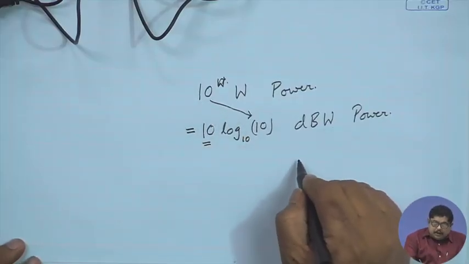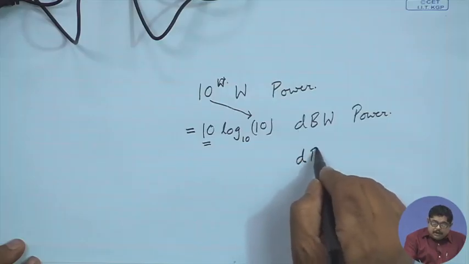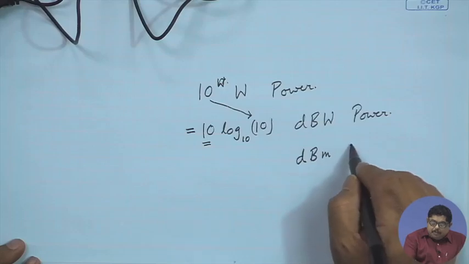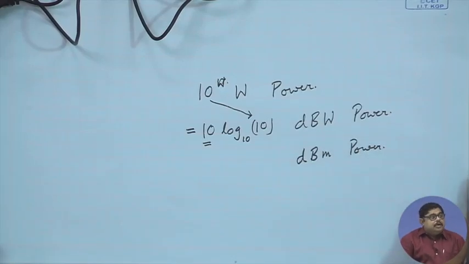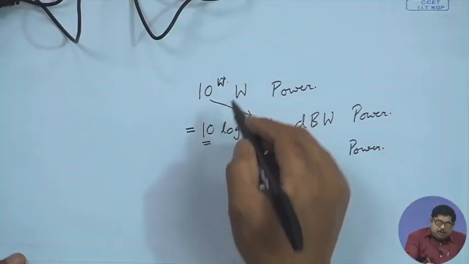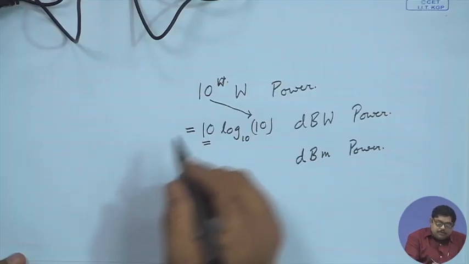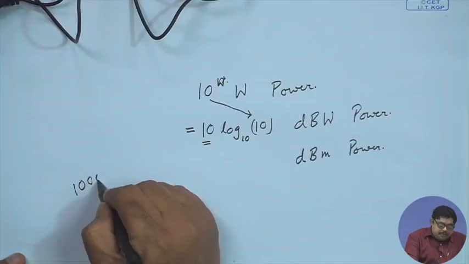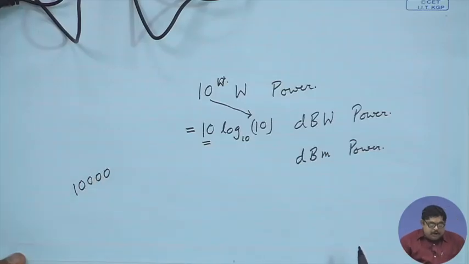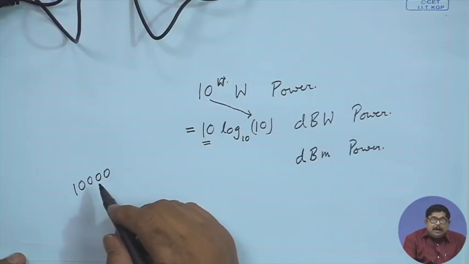Also there is another unit of power which we will be using, that is called dBm. Generally in RF, particularly in our applications or in laboratories, we deal with smaller amounts of power. So, dBm means that you convert this watt to milliwatt. So, the same 10 watt of power will be 10,000 milliwatt, multiplied by 1000.